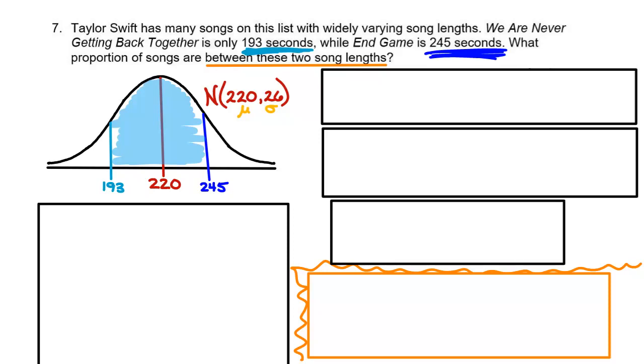After you find both of the Z-scores, I want you to draw this again, but where it's standardized, like this one.